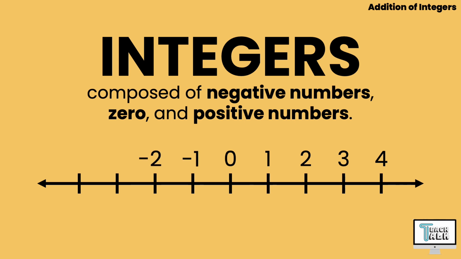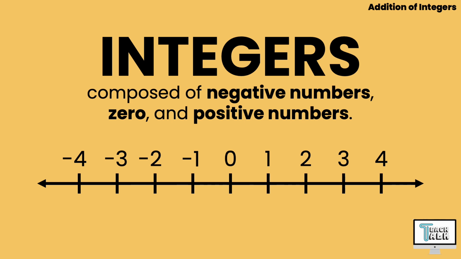We have negative 1, negative 2, negative 3, negative 4, negative 5, negative 6, and so on, until infinitely din natin siya ma-extend to the left side. So, these are the integers: negative 4, negative 3, negative 2, negative 1, 0, 1, 2, 3, 4, 5, 6, 7, 8, and so on. Again, ang ating integers composed ng negative numbers, 0, and positive numbers.